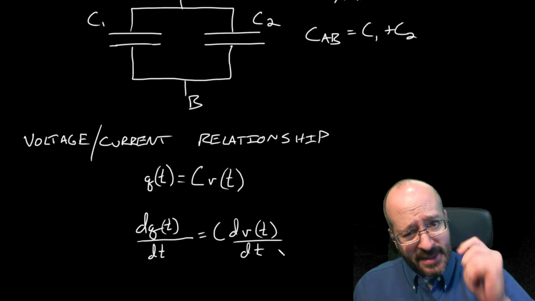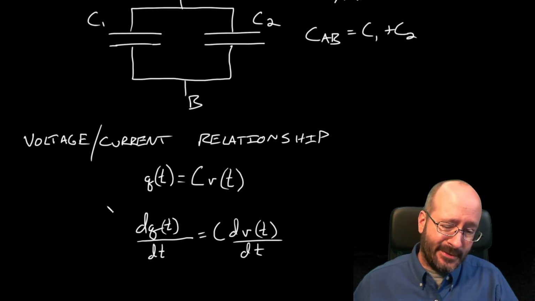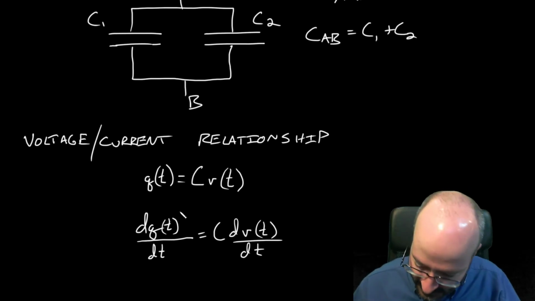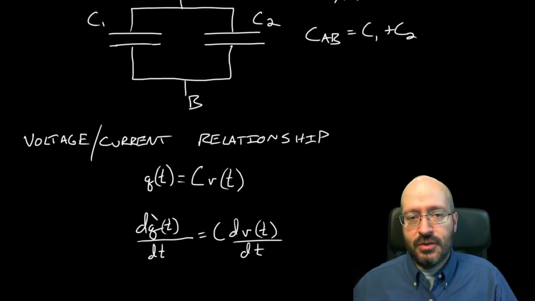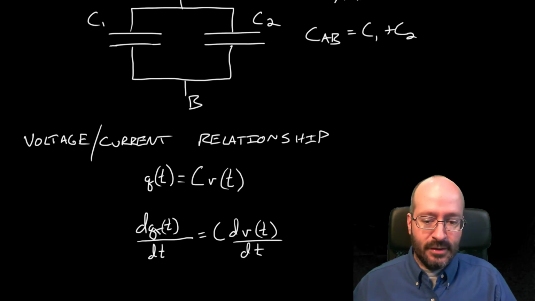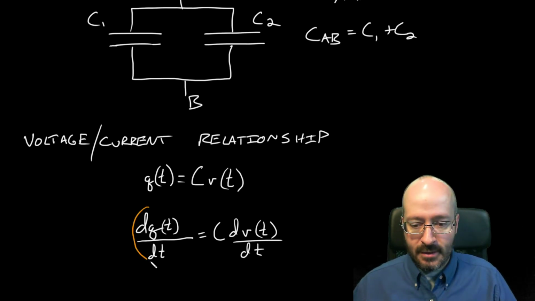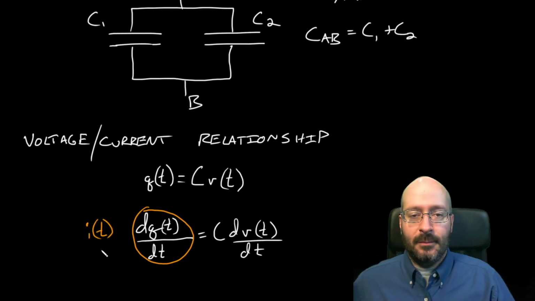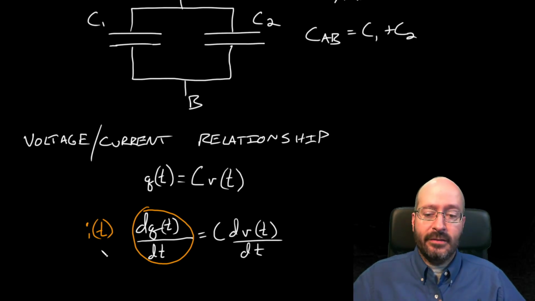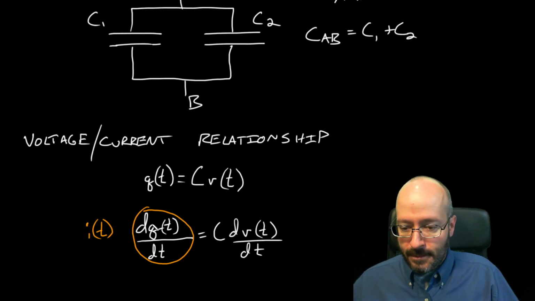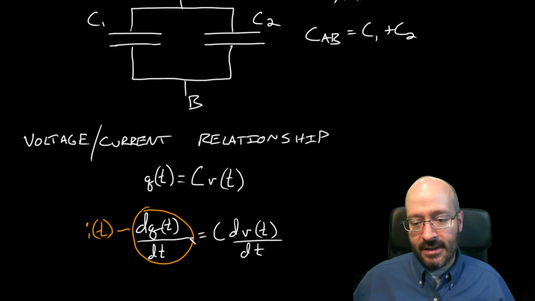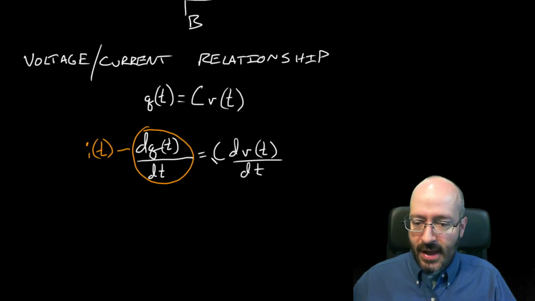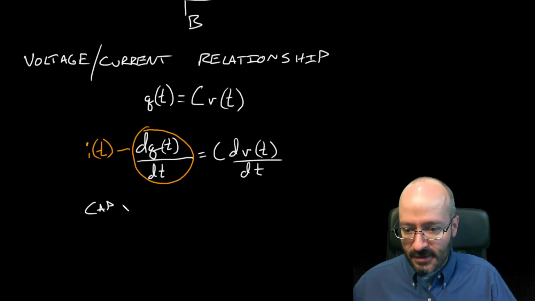So we're not there yet. Current hasn't shown up. Well, it has if you're paying attention. Current was the time derivative of charge, and that's what we have here. So we're going to call that i as a function of t, because that was the definition of current, the time derivative of charge, and that's what we gained there. So here it is in its final form, the capacitor equation.